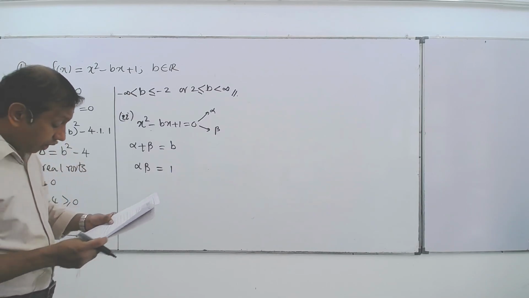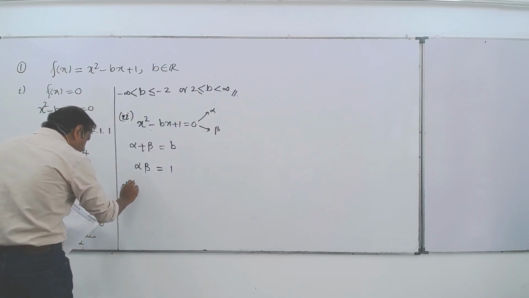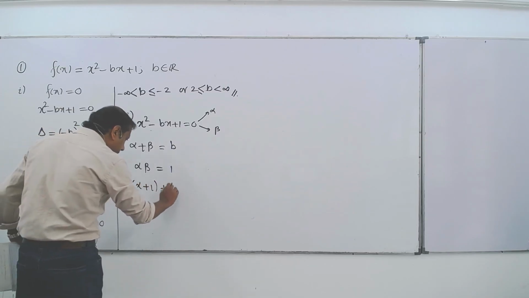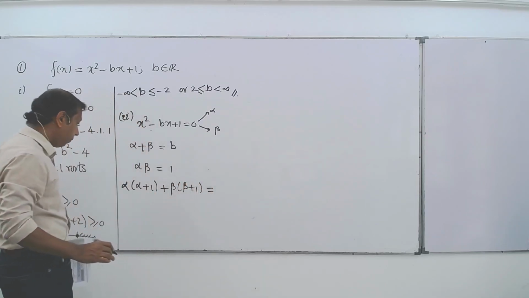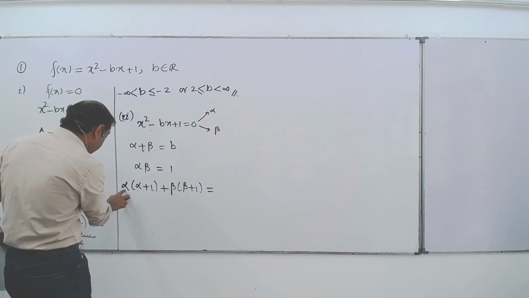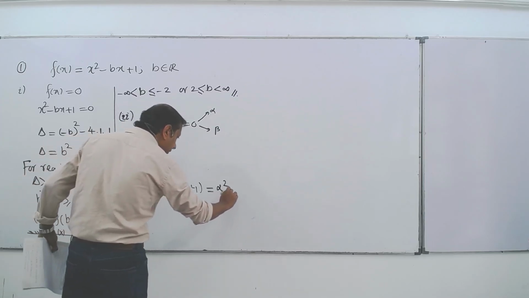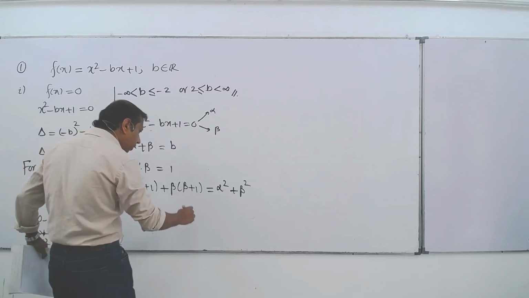Show that alpha times (alpha plus 1) plus beta times (beta plus 1) equals b squared plus b minus 2. Asking to show. Here we remove the brackets: alpha squared plus alpha, beta squared plus beta. Here we get alpha plus beta.